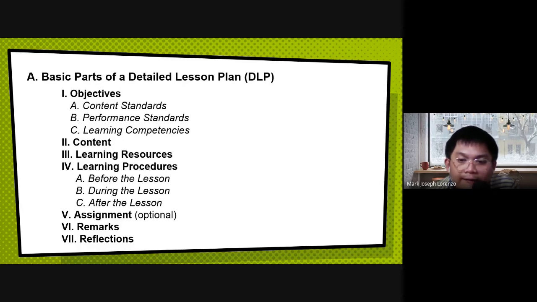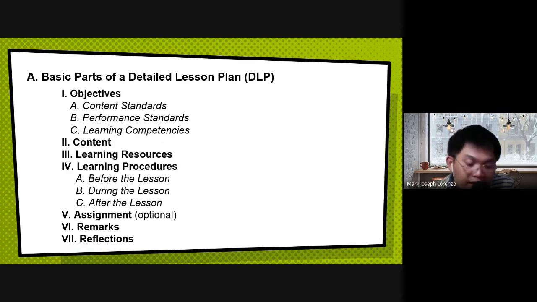Sa LCs or learning competencies, ito yung kailangang i-demonstrate yung product of change na nakita sa knowledge, skills, and attitudes ng learners. Siyempre, itong learning competencies, ito ay combination ng 4Cs, no? Ng MIT at saka FLIPS, no?